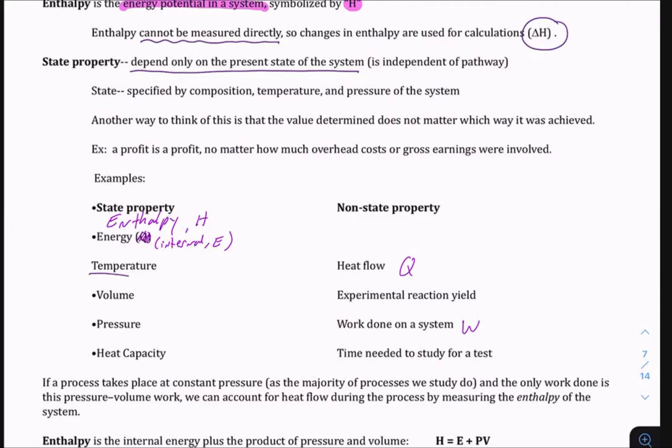Things that are not state properties. Heat flow is not a state property, because in order to get the temperature of this room to this temperature right now, you could have done either one of those two scenarios that I mentioned, one of which would waste more heat than the other, right?